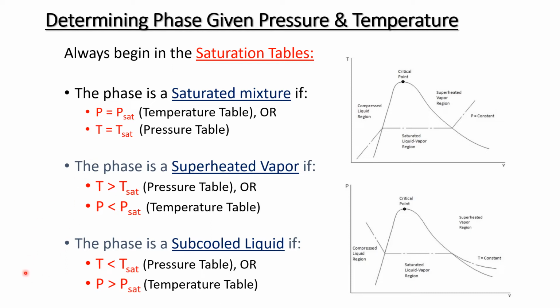So that's how I do it. You might come up with something better for yourself, but I find that I don't really have to memorize this. I just have my little model. And whenever I look in a saturated table, it's very easy for me to determine whether the phase is saturated mixture, a superheated vapor, or a subcooled liquid.